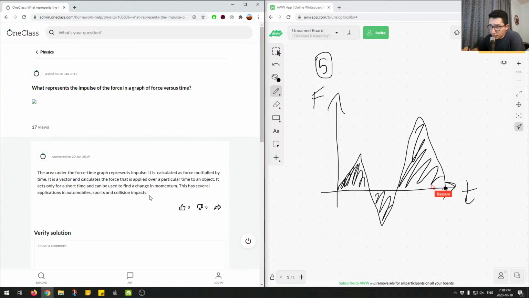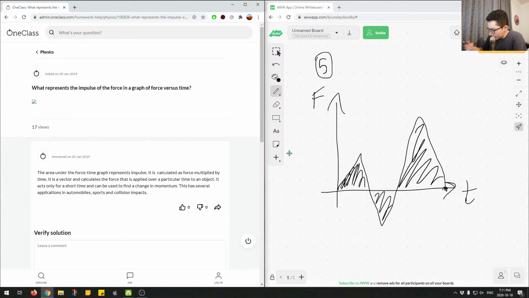And the important thing to note here is that for areas above the x-axis, in the positive area of the y-axis, you would have positive values, and these would add to the impulse total sum, and when you're below the x-axis, this area would be subtracted from the total.